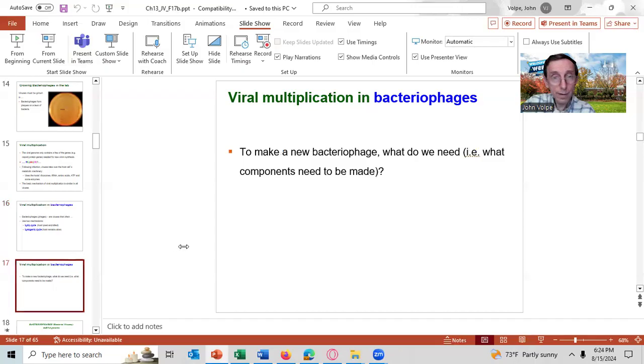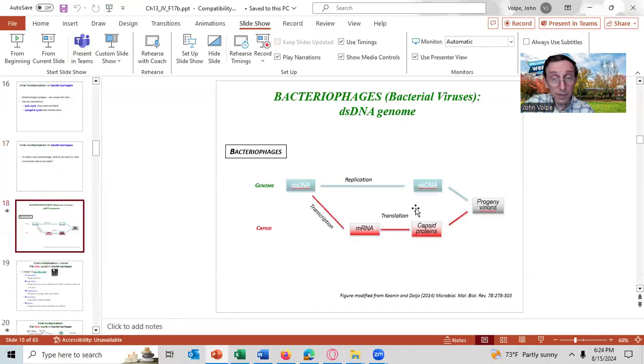All right, let's take a step back before we talk about the two viral life cycles and say that a new bacteriophage, meaning a new bacterial virus, needs what in order to replicate? They need to replicate the viral genome, and they need to transcribe the viral genes to make viral proteins.